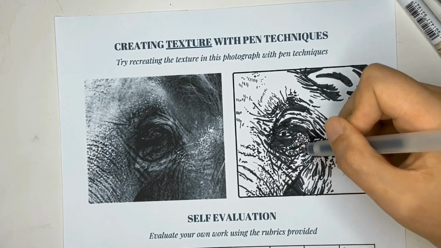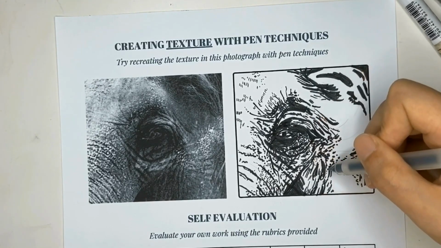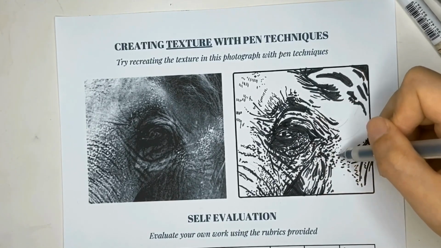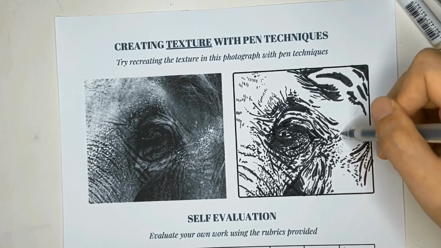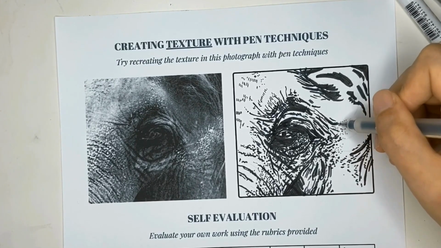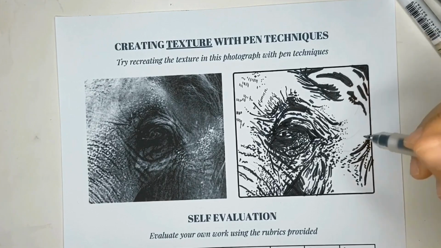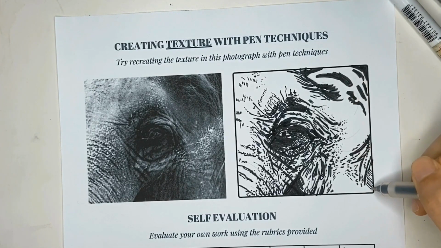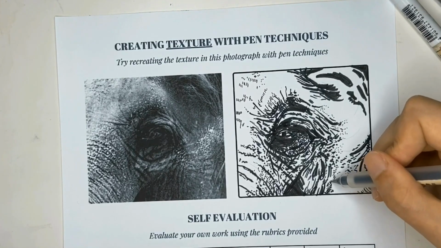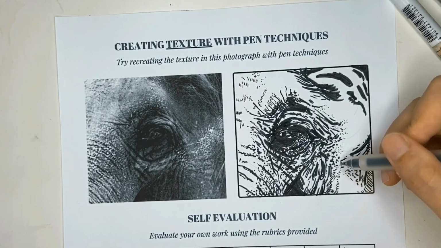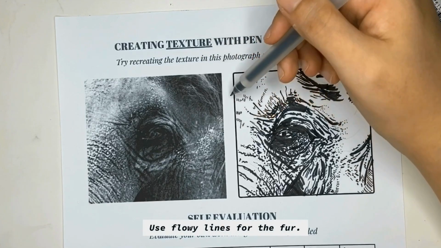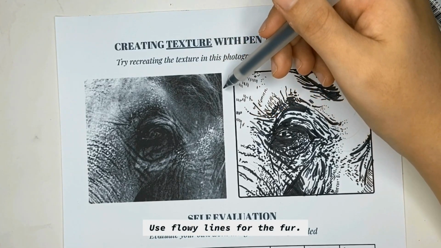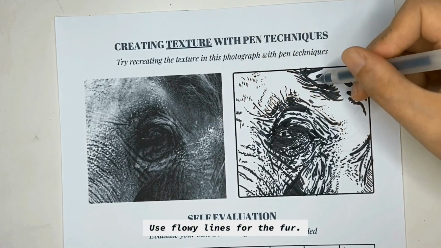So you can see the lines we are using here are very short and they are mostly dots. So when we create the fur over here, we want to use slightly flowy lines.